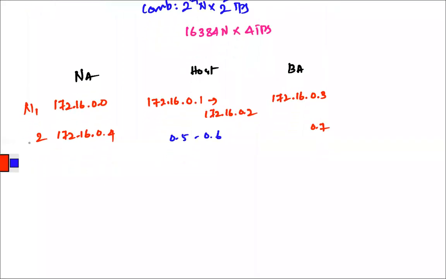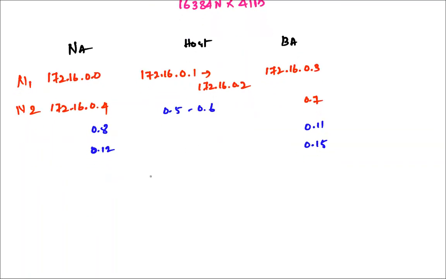So this is network number 2. Right. I can write network number 3, 0.8 to 0.11, then 0.12 to 0.15. It keeps going like that. And finally, when you try to write the last network, network number 16,384, what are we gonna get? What is the last network?